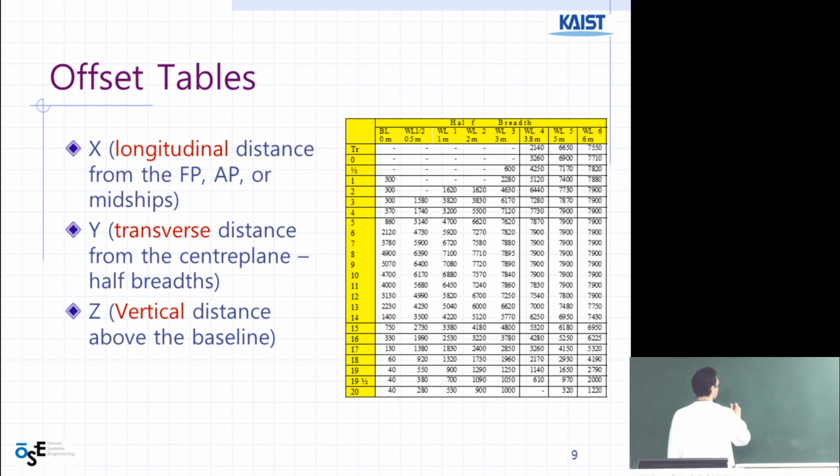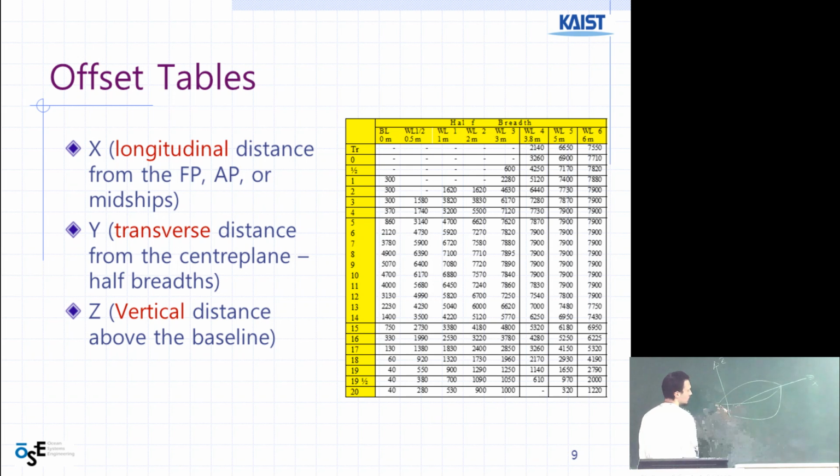If we have the boat like this, then the x coordinate is like this. Then we have the z, and the y is away from the x-axis to the right, like this.